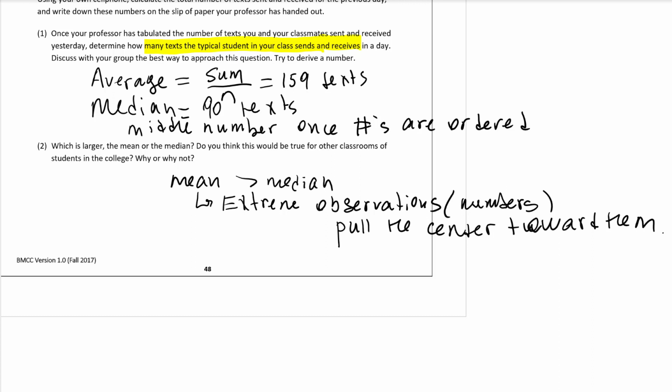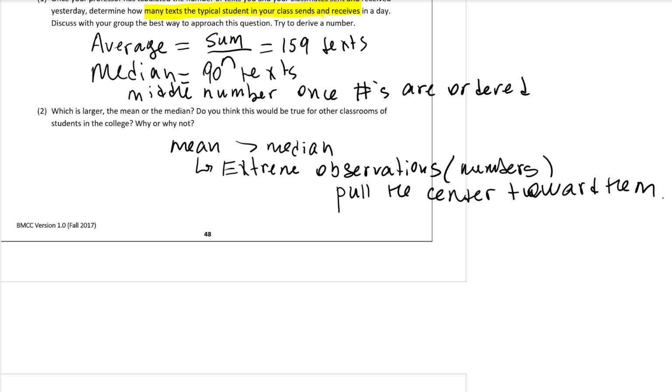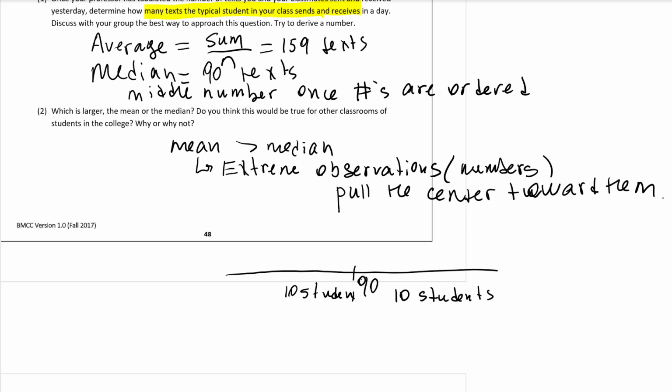What I mean is this. Think about it this way. Here's the diagram: you have 20 students, 10 students here and 10 students here, arranged in order of text messages. And the 90 serves as a true physical center. That's where 90 is located.